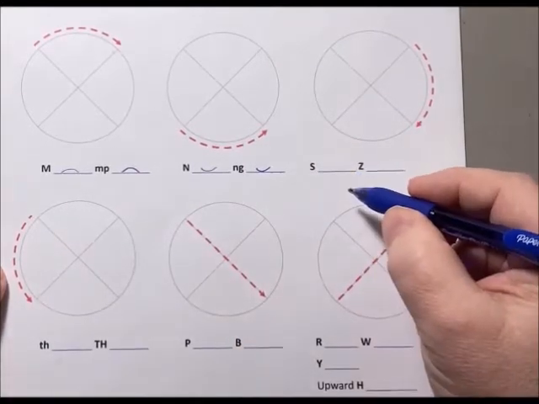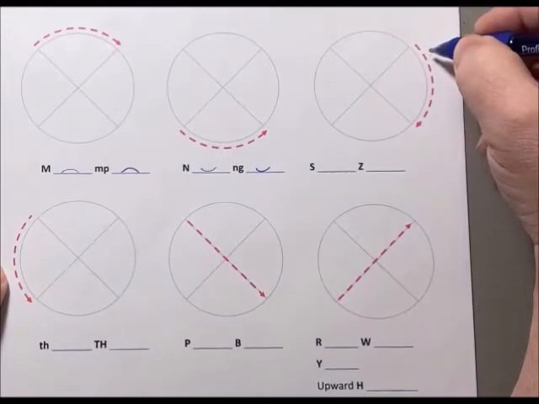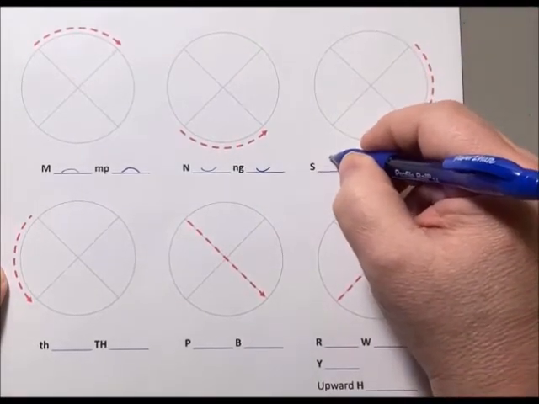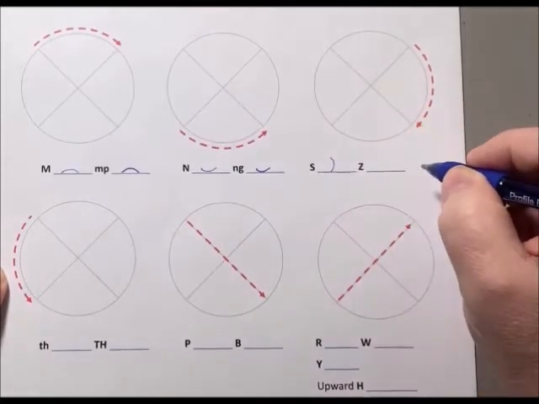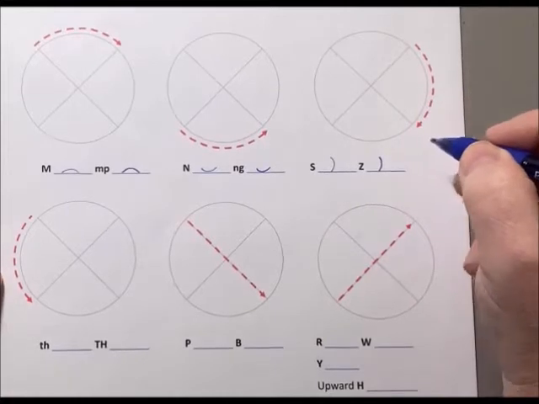For S and Z, it's represented by the curve on the right side of the circle. So the S is the light one, and then the Z is the heavy stroke, or shaded.